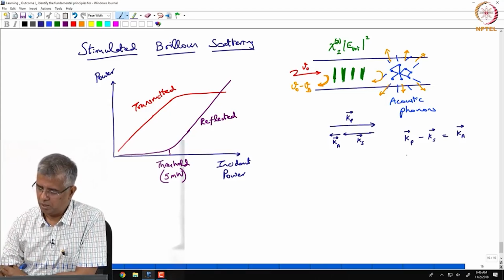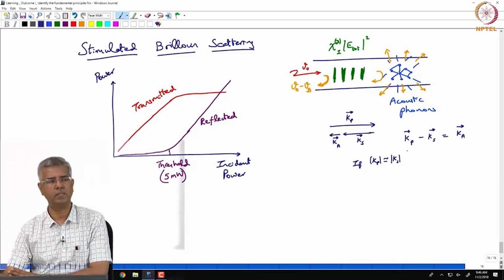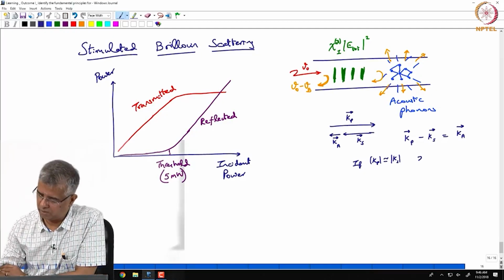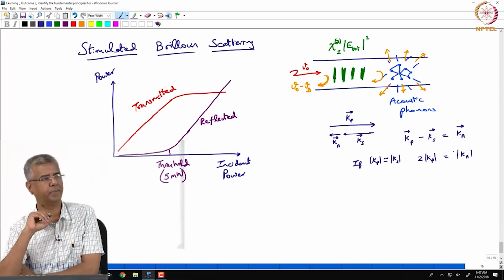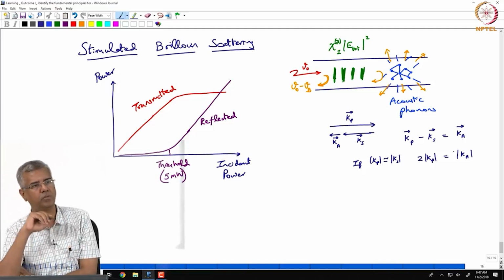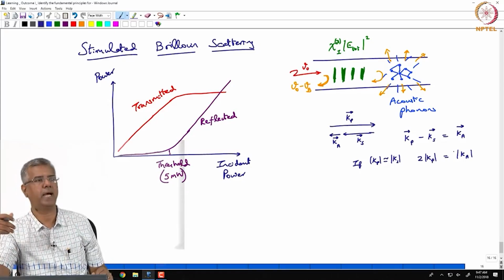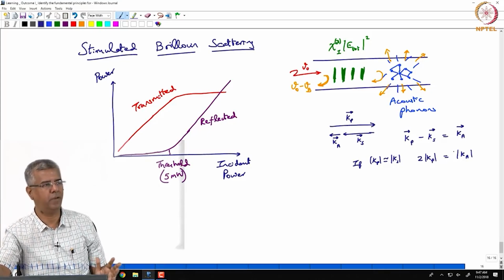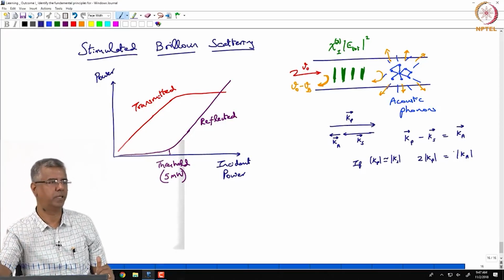That's propagating in the material. Now, if I say that the magnitude of Kp is approximately equal to the magnitude of Ks, and since Ks is in the opposite direction, you can write this as 2 times the magnitude of Kp is equal to the magnitude of Ka, right, because the incident wave as well as the scattered wave correspond to the wavelength of light, whereas Ka corresponds to the wavelength of sound waves.